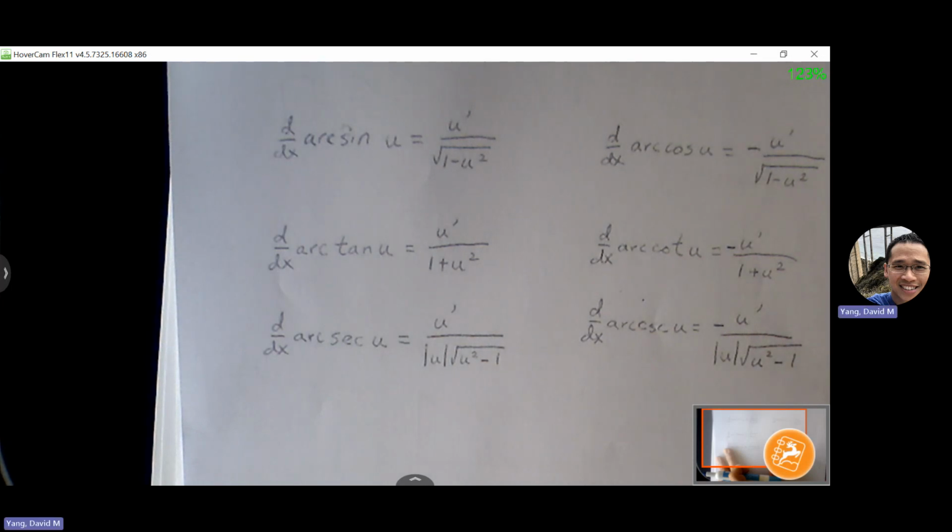So if the arcsecant has a square root of u squared minus 1, then arcsine is going to be a different order: 1 minus u squared. And if we can figure out these three, then we'll just copy the arcsine, arctangent, and arcsecant and put a negative in front of it.